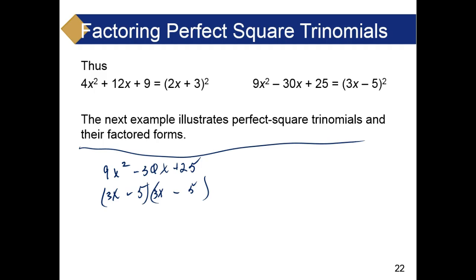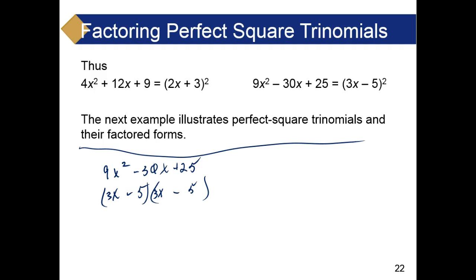Let's see if that works. 2x squared is 4x squared. Twice the product of 2x and 3. What's 2x times 3? 6x. Double that, you get 12x. Got it? Plus 9. Yes. 2x plus 3 squared. Perfect. We just did that one. Why are they doing it again? I think we probably did that one last time.